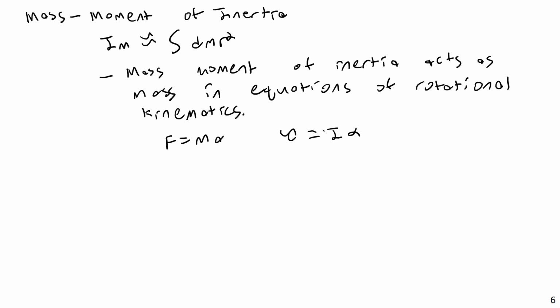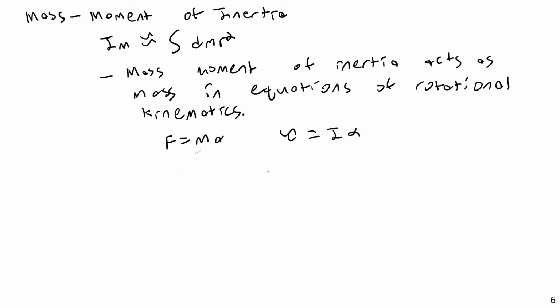And really, these are just analogous things. You'd also see the same thing in equations such as delta x equals 1/2 a t squared plus v initial t. This is a pure kinematics equation that you may remember from basic high school linear kinematics. You can also have something like delta theta equals 1/2 alpha t squared plus omega initial t.